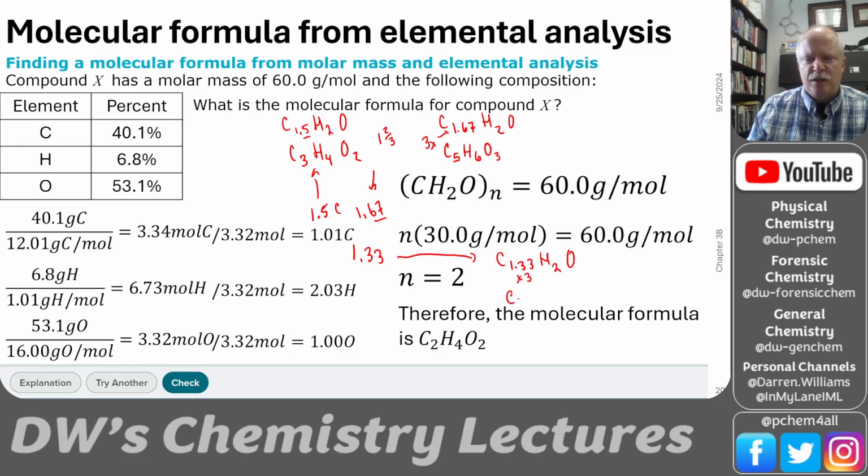And so it'd end up being C4H6O3. So that's what you do if you end up with these odd ones. After you divide by the smallest number of moles on all 3, it doesn't always work out to a whole number. So you're looking for these things like 0.33, 0.67, or 0.5. And I think those are going to be the most common ones. So we'll just leave it at that.